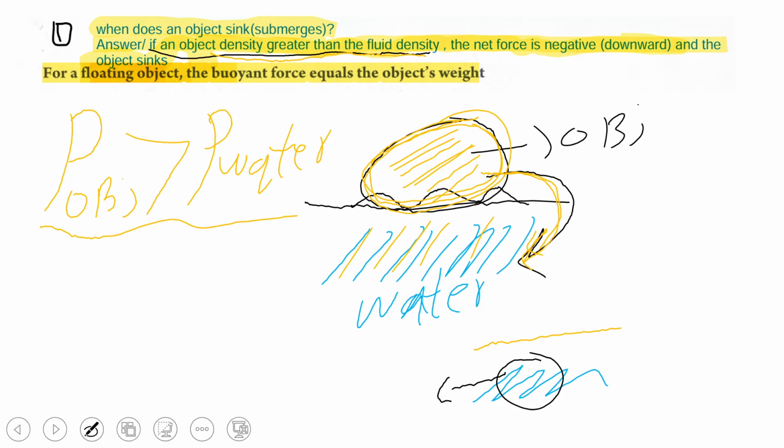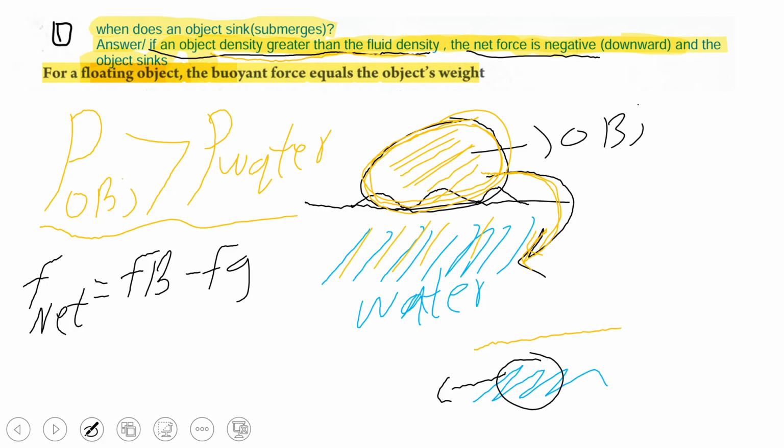And it's written in the second part: the net force is negative, downward. Why? What is the meaning of negative net force? We studied this rule: F net, the total force, equals buoyant force minus gravity force.